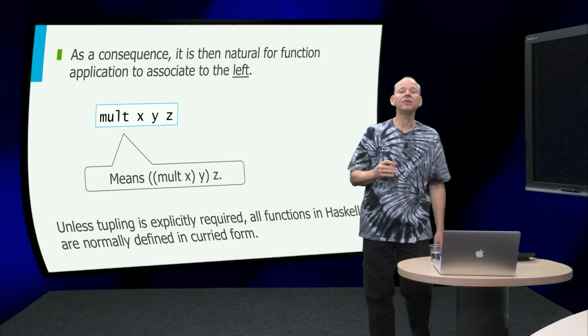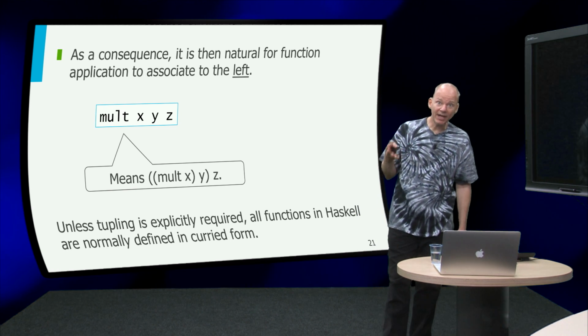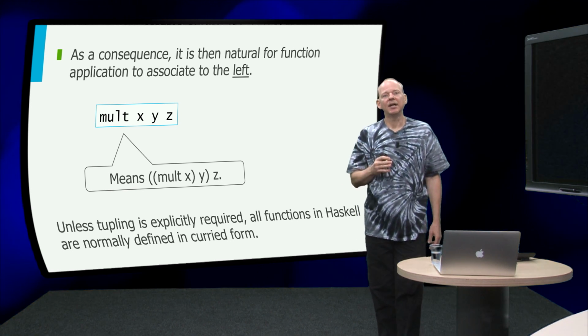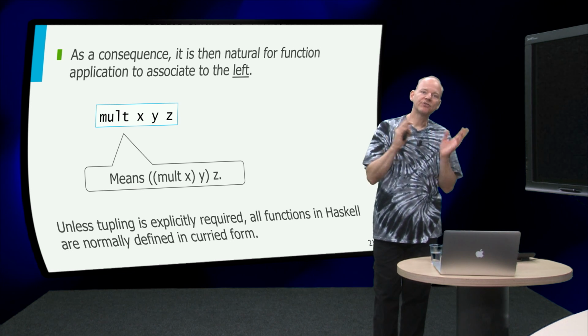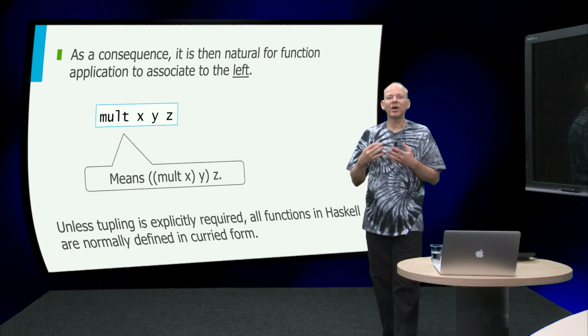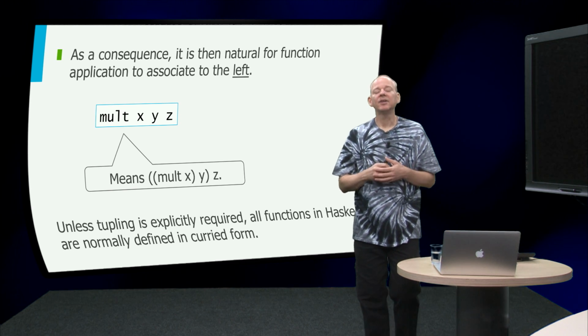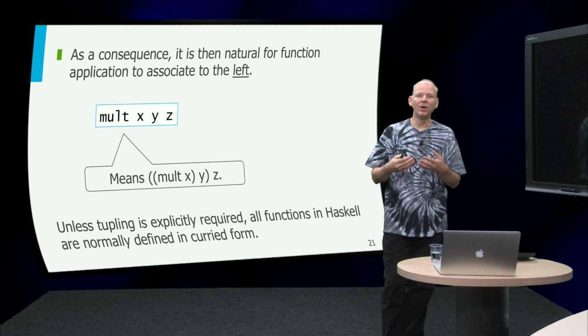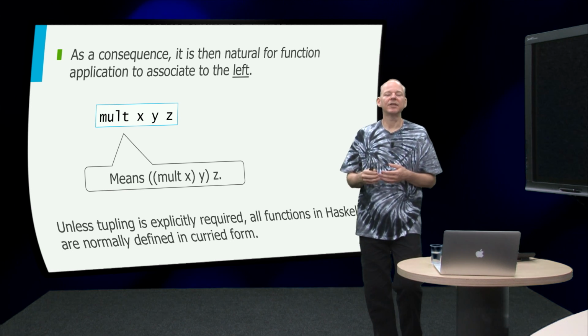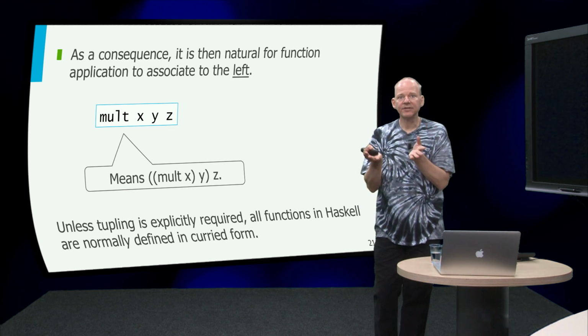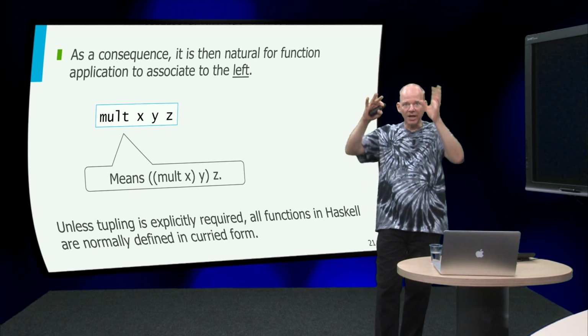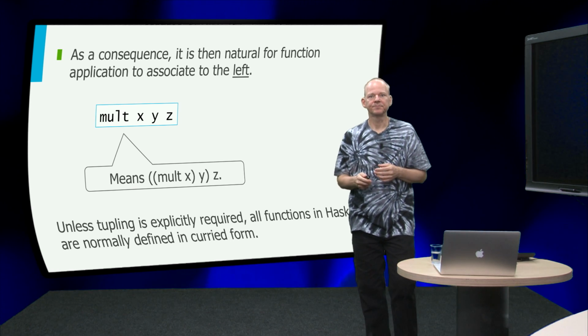And as I said also, when we do function application, the parentheses associate to the left. So when we partially apply a function, you can write parentheses around that, but we don't have to. So when you write mult x y z, that really means mult x applied to y applied to z.